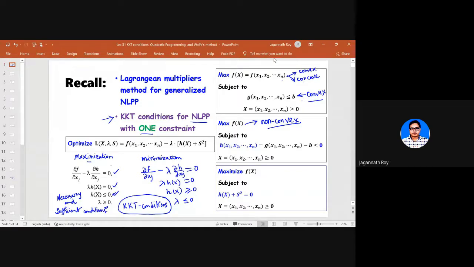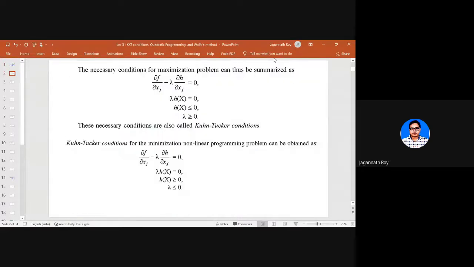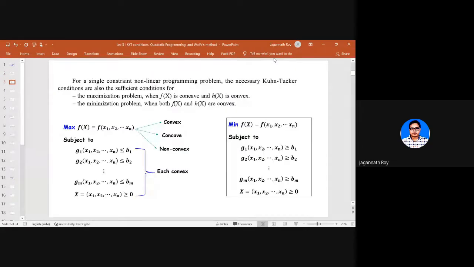So we will see the extension of this approach, the conditions, if we have more than one constraint. If we have more than one constraint, we need to introduce more than one slack variable.